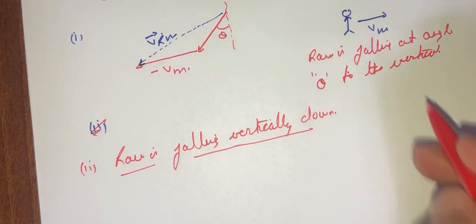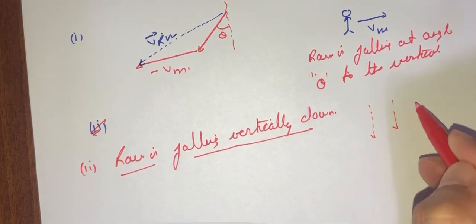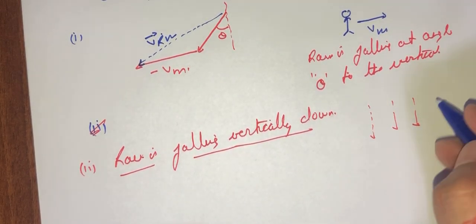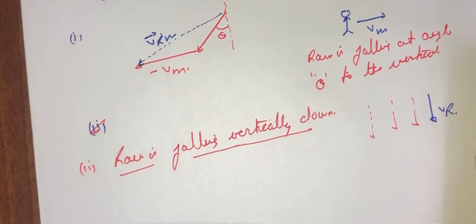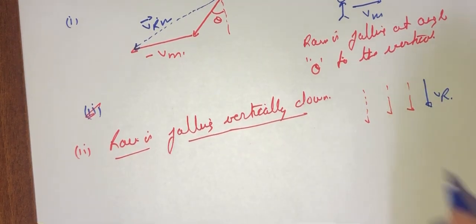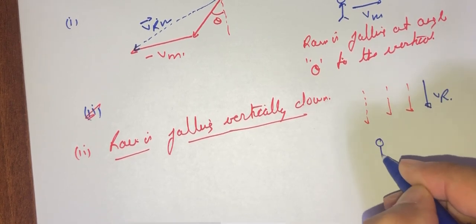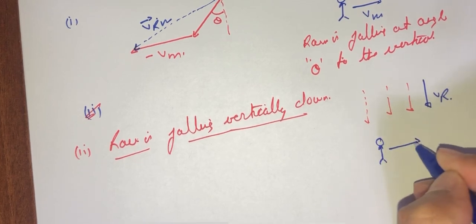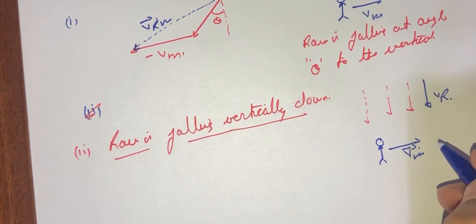So it means now rain is falling in this direction. So this is our Vr, and the man is traveling in this direction with the velocity Vm.